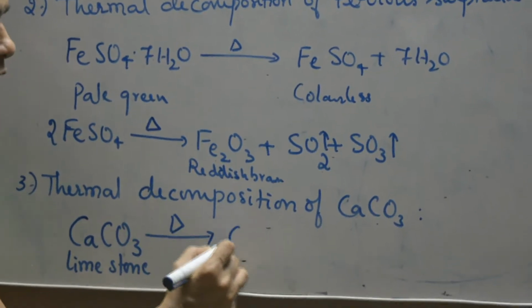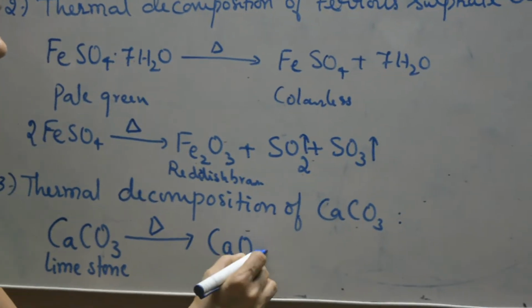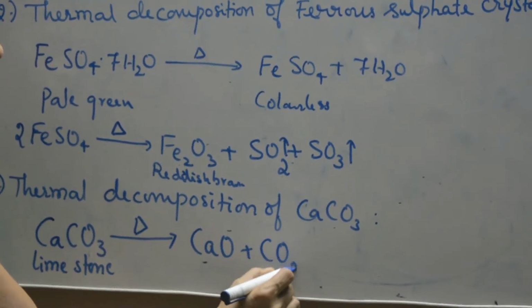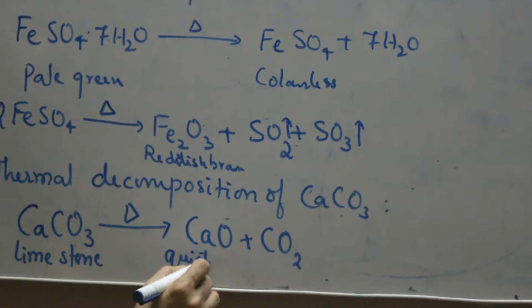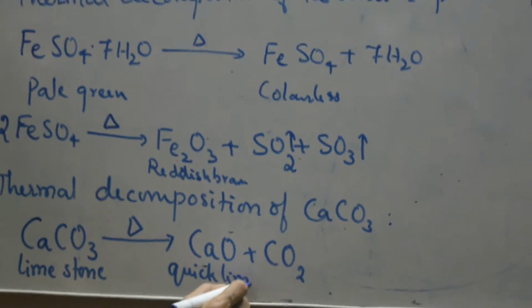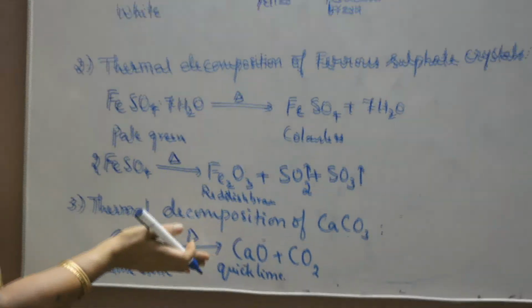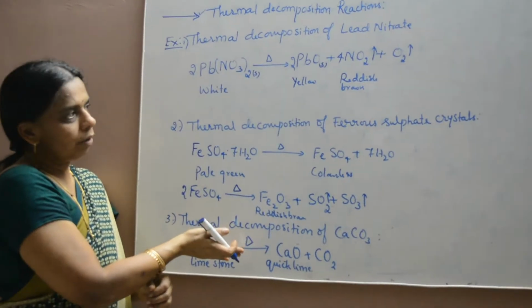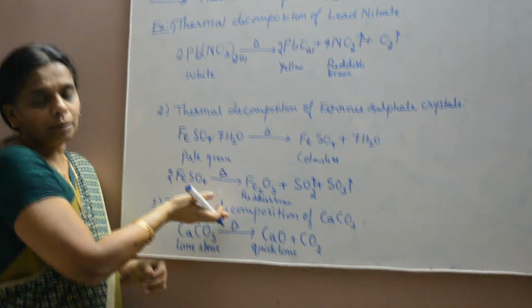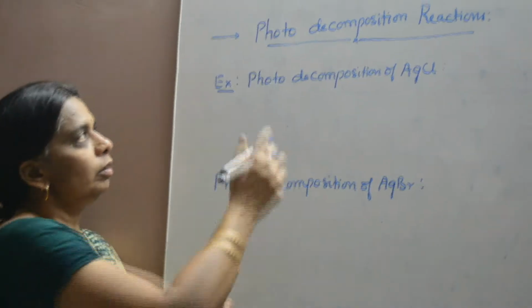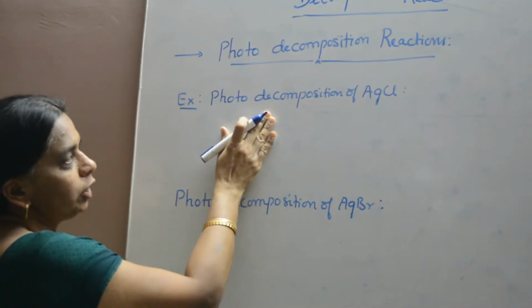On heating it gives calcium oxide and carbon dioxide. We call calcium oxide quicklime. These three are the examples given in the textbook, and they are very important. All of these are examples of thermal decomposition.